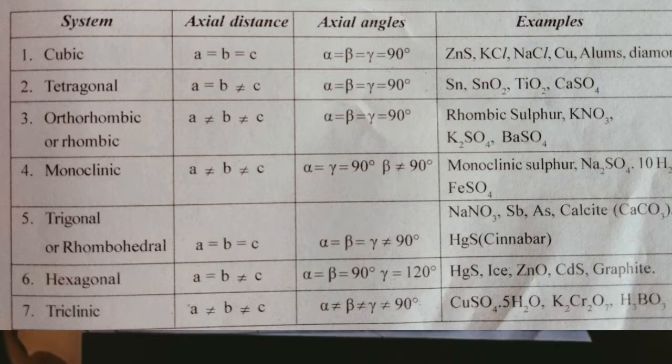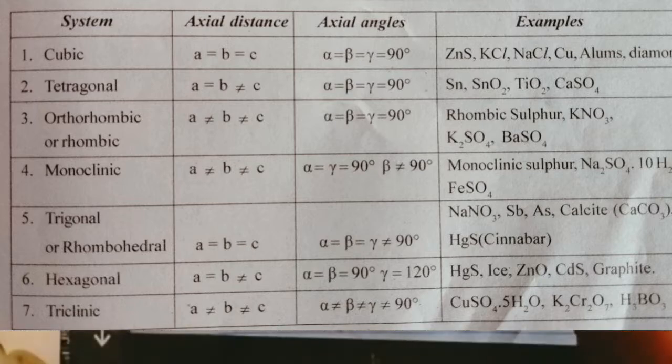In the case of cubic, the axial distances are A equal to B equal to C. So the axial distances are the same and the axial angles are also the same. Note the examples: ZnS, KCl, NaCl, Cu, etc.